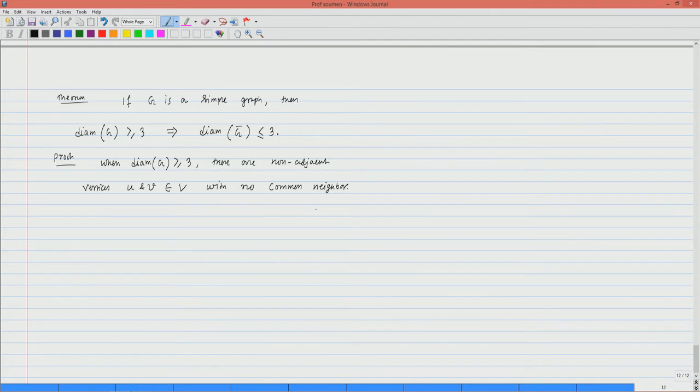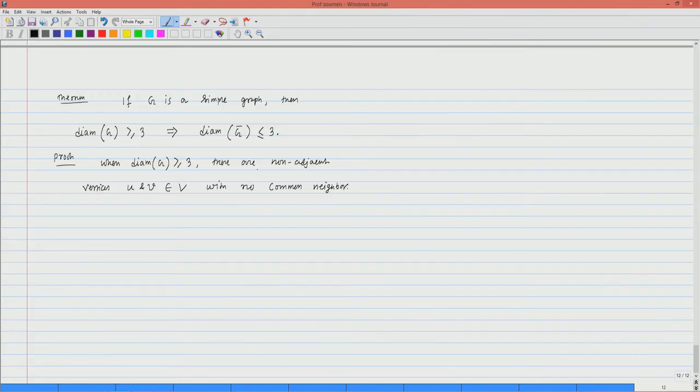Okay. So, when I say the graph has diameter greater than or equal to 3, that means there exists a pair of vertices u and v such that the distance between these two vertices is greater than or equal to 3. Since the distance is greater than or equal to 3, there is no common neighbor of these two vertices.